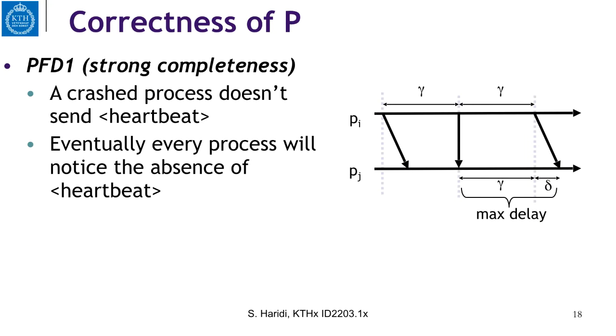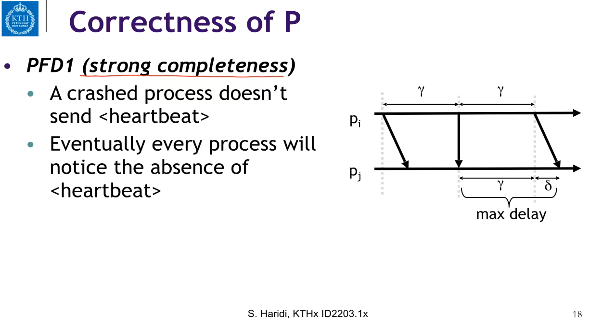Let us reason about the correctness of P. To reason about the correctness of P, we reason about the correctness of the two properties. The one is strong completeness, which says that every crashed process will eventually be detected. So let us see this property first, and then we will reason about strong accuracy later.